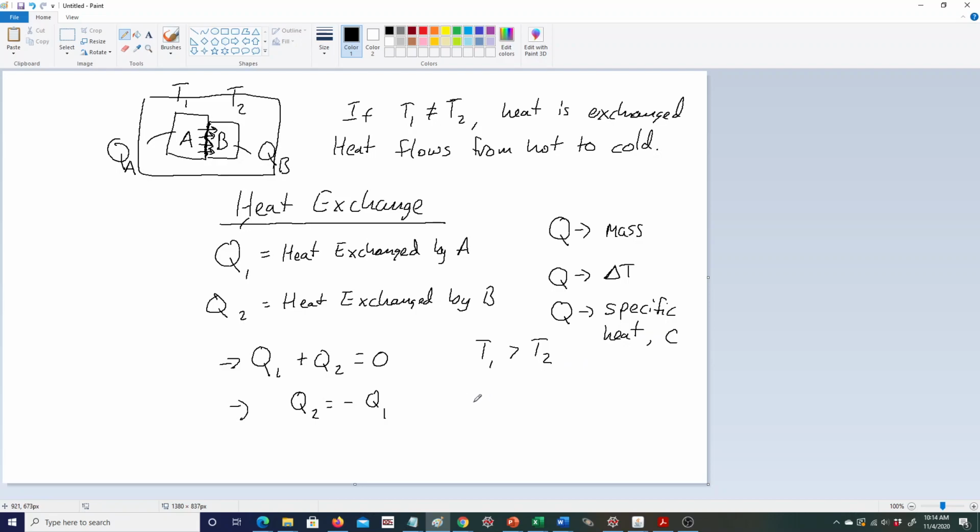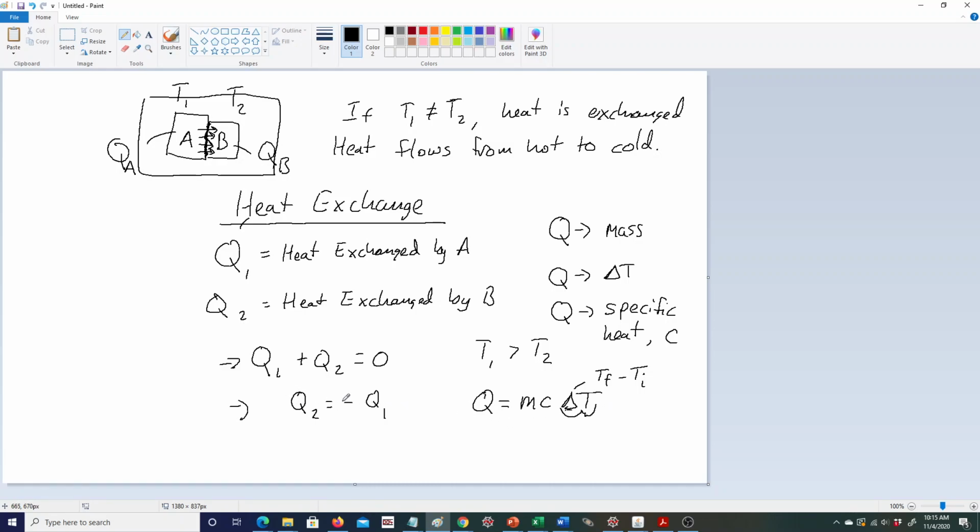And so the heat flow for a generic object is equal to the product of these three things. And remember that delta T means final minus initial. So this delta T is going to appear on both sides of this equation.